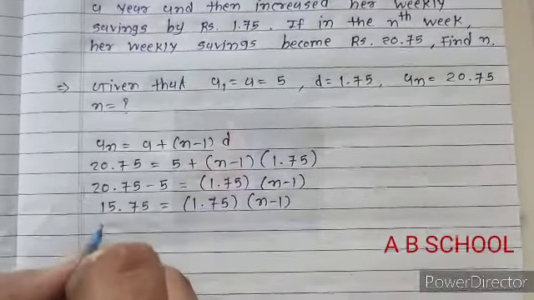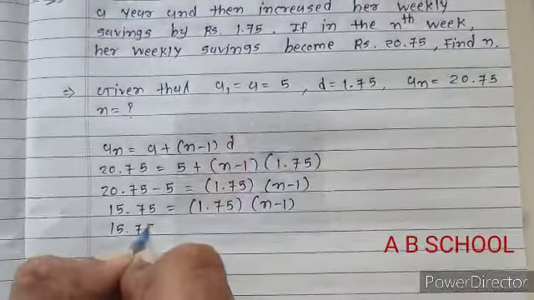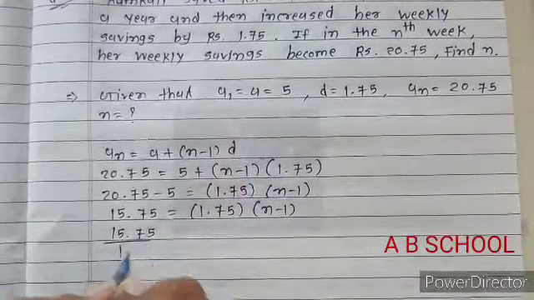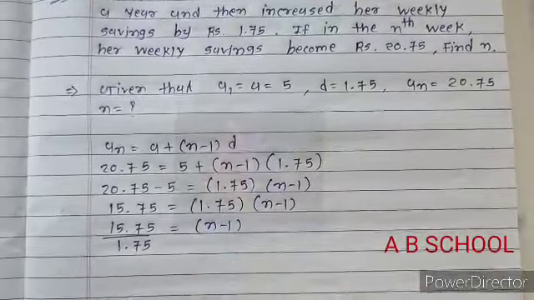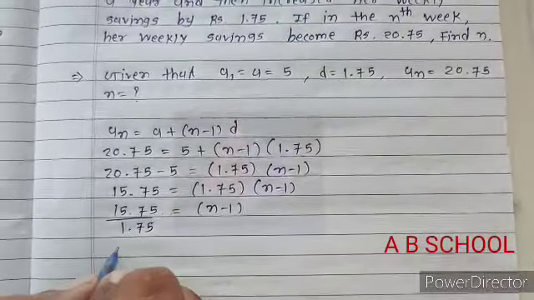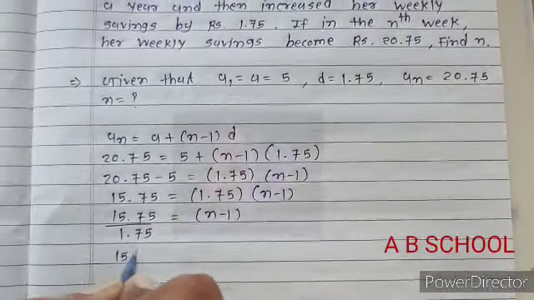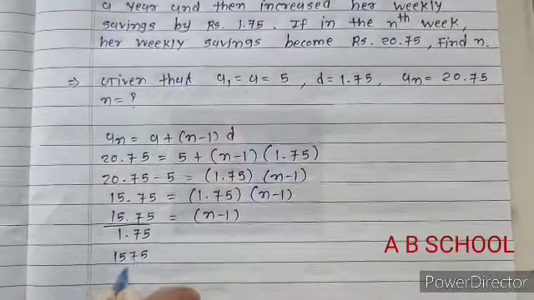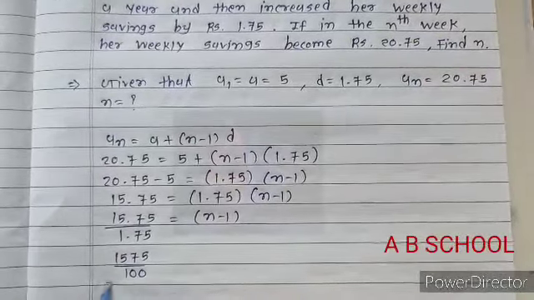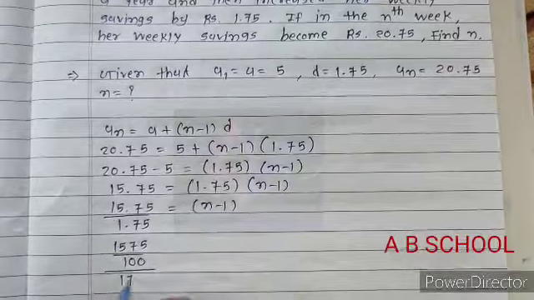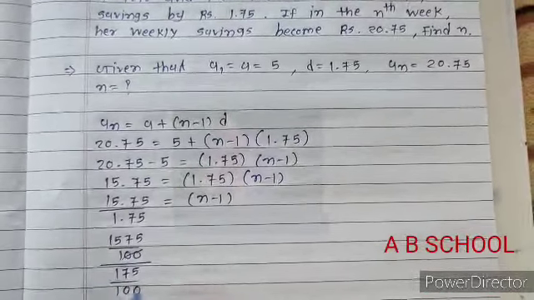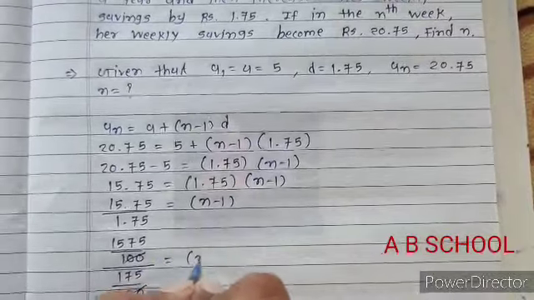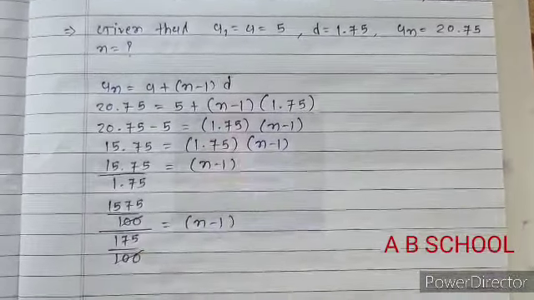Okay, so 15.75 divided by 1.75 is equal to n minus 1. We will convert it into simple form, so 1575 divided by 100 whole divided by 175 divided by 100. Okay, so 100 cancels and it is equal to n minus 1.